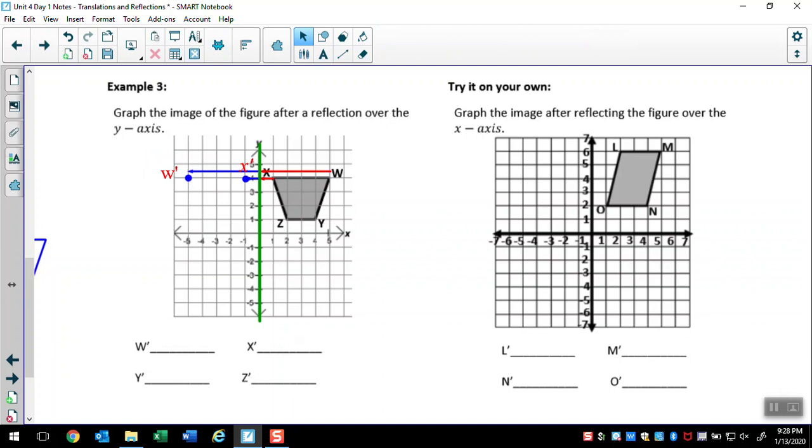Right. Now for z, z is 2 units away, so its image will also be 2 units away. And I can label this one as z prime. And then finally, y is going to be 1, 2, 3, 4 units away, so its image will also be 4 units away.